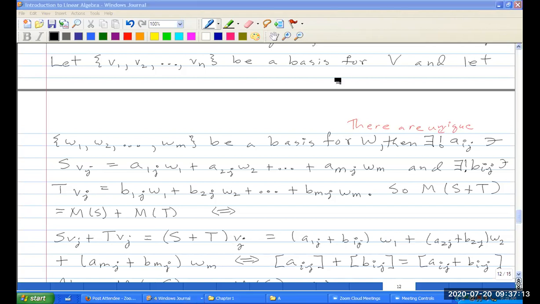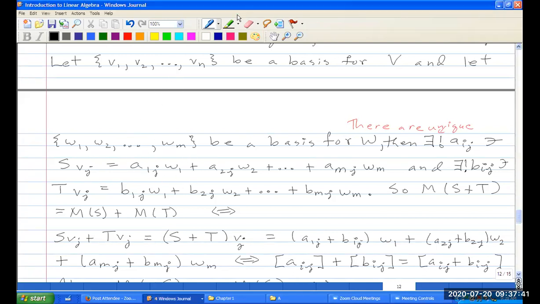No, that's just an element of your basis. But actually, you can pick any other vector anywhere. The things that are unique are the A's and B's. The A's and B's are unique. They're determined by your bases.